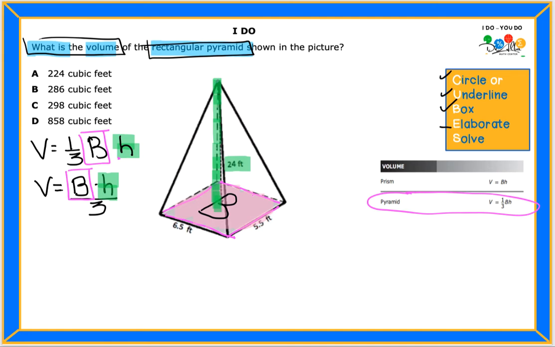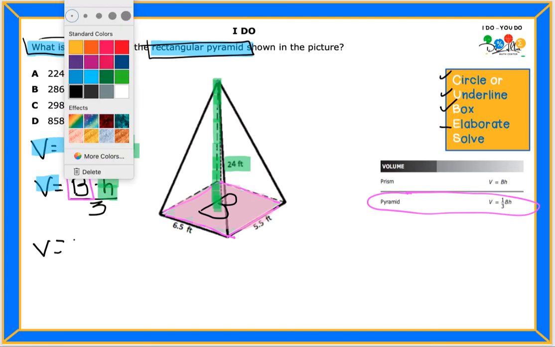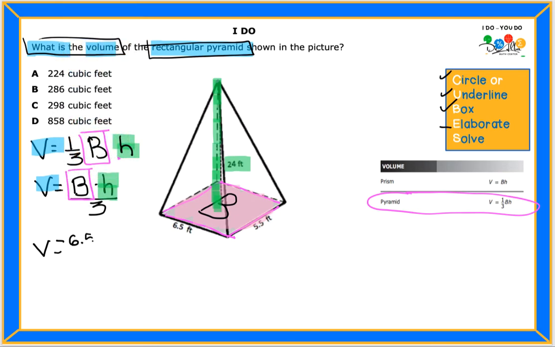Okay, great. So I'm going to find the volume. The volume is going to be blue. To find the area of a rectangle, because this capital B means area of the rectangle, that's going to be 6.5 times 5.5. Those are the measurements of the pink rectangle. See, this B is going to be this.